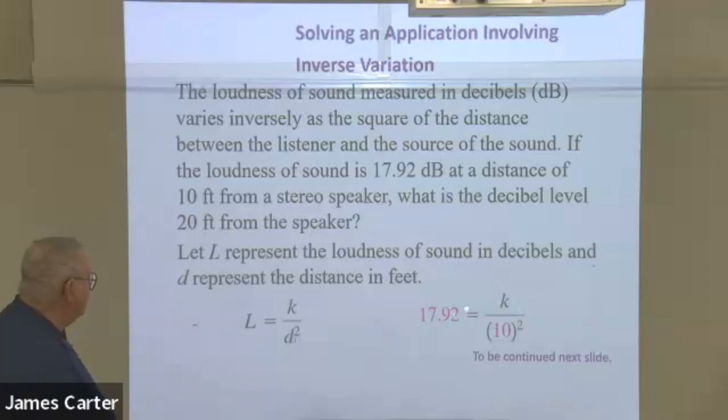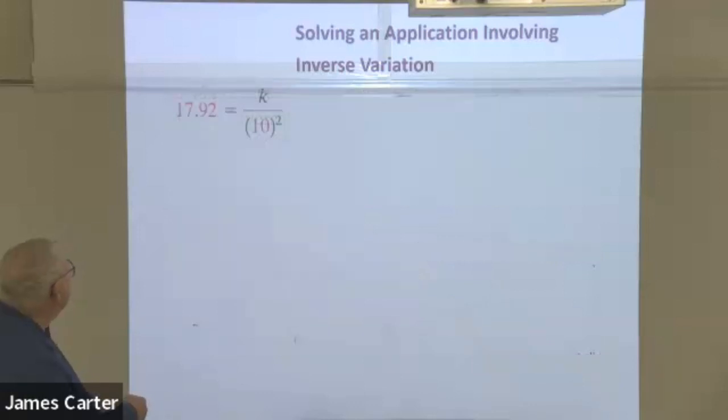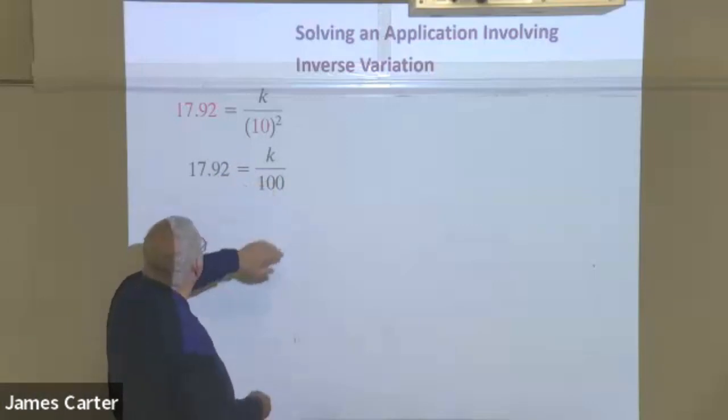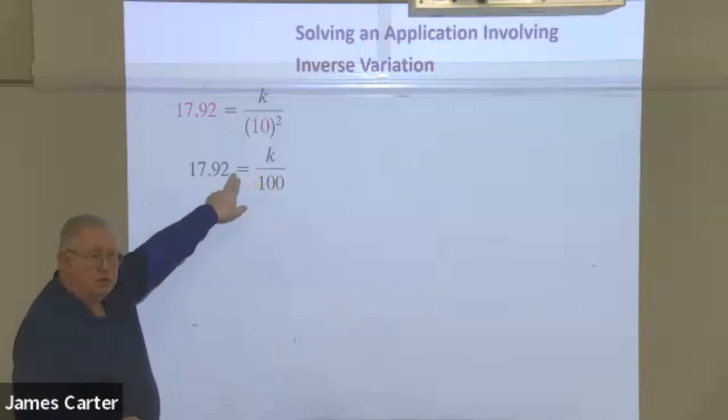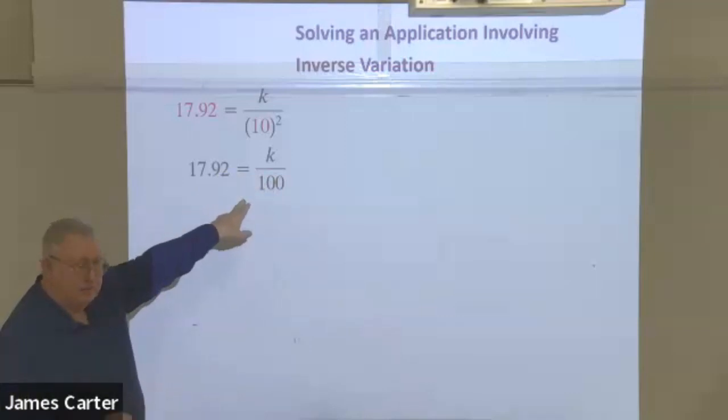So anyway, we put in the numbers they give us. And this time, first we changed this to 100. Now, instead of dividing both sides by 100, we're going to multiply both sides by 100.